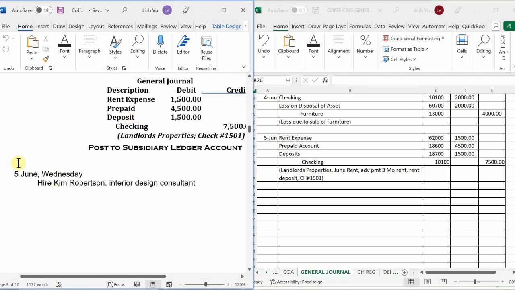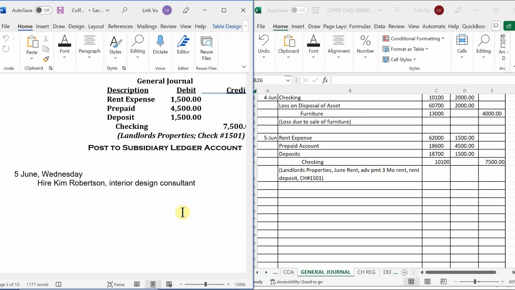We already went over hiring Kim Robinson, where we already discussed that we just hired her. No physical or actual transaction was made, only an agreement was made, okay? We hired somebody, but we haven't got billed. There was no actual monetary transaction involved in this hire because we don't know what the price is.